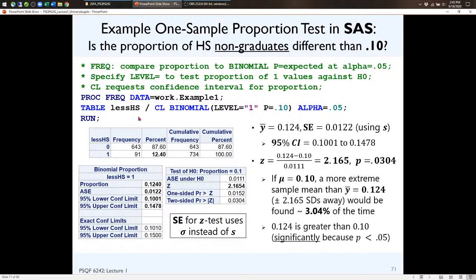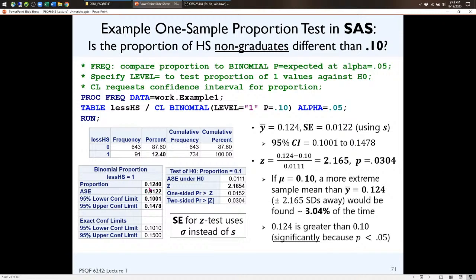So the first table here summarizes the frequencies of this binary variable. The binary variable is coded such that if you have more than a high school degree, that's a 0, and if you have less than a high school degree, that's a 1. So 12% of our sample has less than a high school degree, and we want to compare that 12.4% to the 10%. So phrasing that percentage as a proportion, the information given for the test is in this box right here.